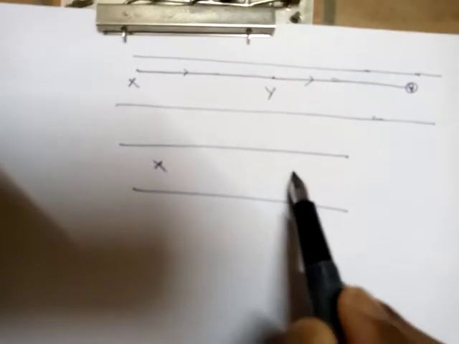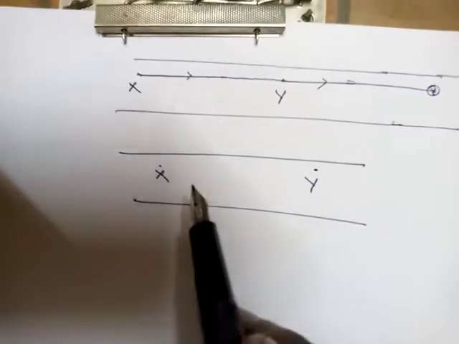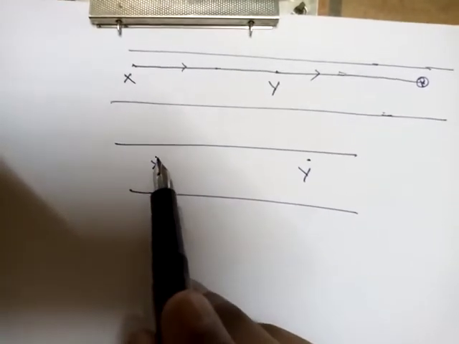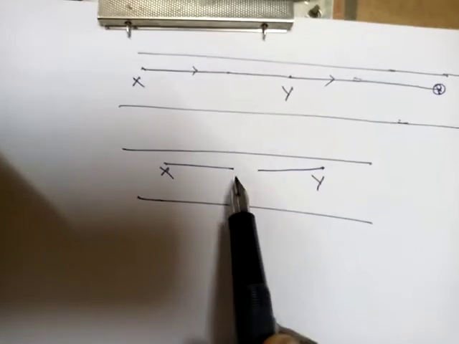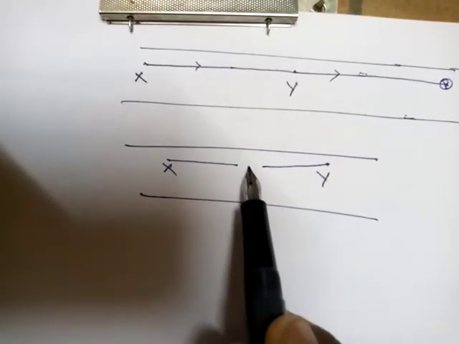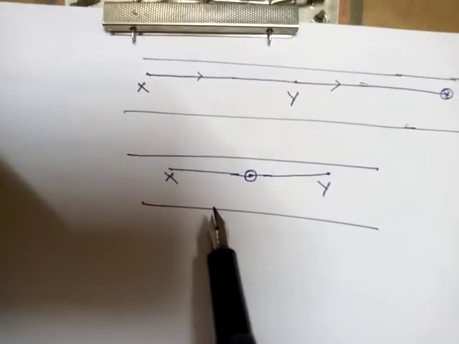Suppose this is the road, x is here and y is here, that is x place and y place. One car is going in this direction, another car is coming in this direction, so both will meet at this place, correct? So at any one of the places they will meet. This is the meeting point.